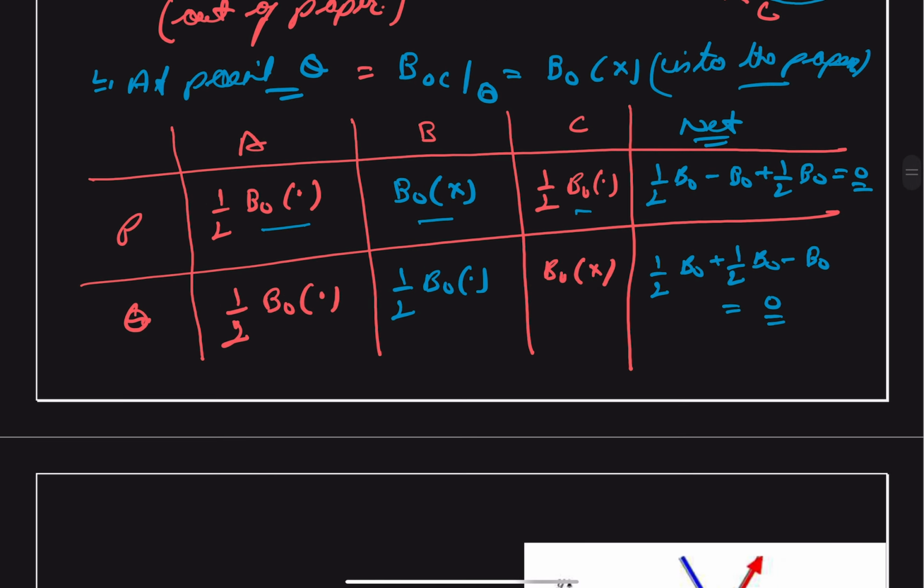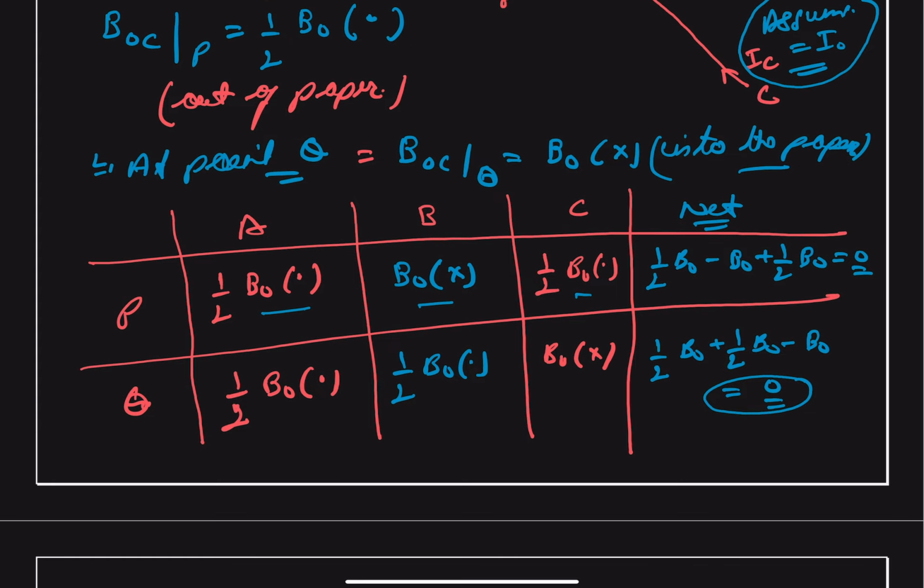So obviously the assumptions which we made about the direction and magnitude of current IC, that the magnitude of current IC is I naught, both these assumptions are incorrect.